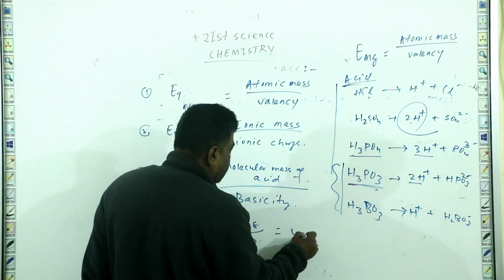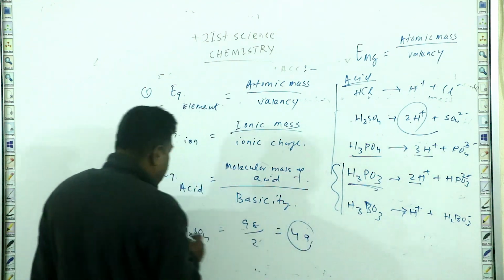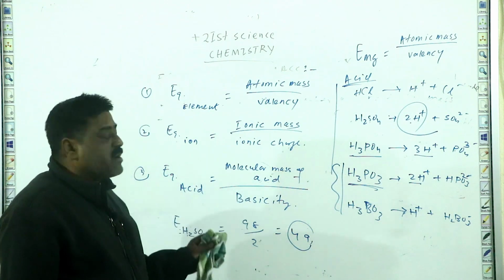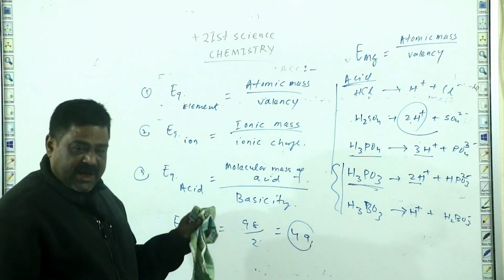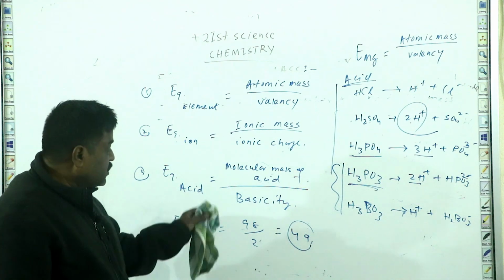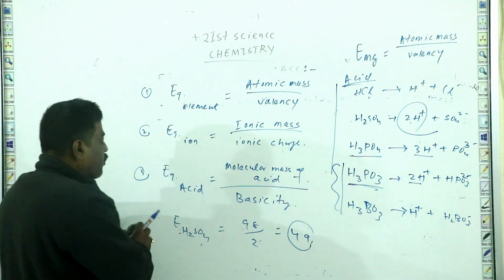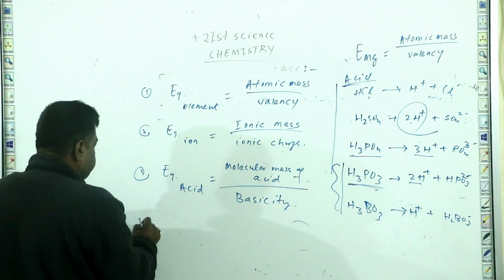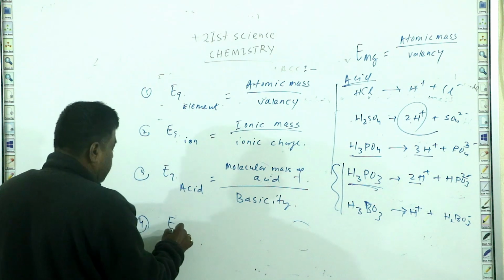Therefore it is 49. The equivalent mass of H2SO4 is 49. Likewise, the equivalent mass of an acid can be calculated easily using this formula. Now, I am talking about the equivalent mass of a base.